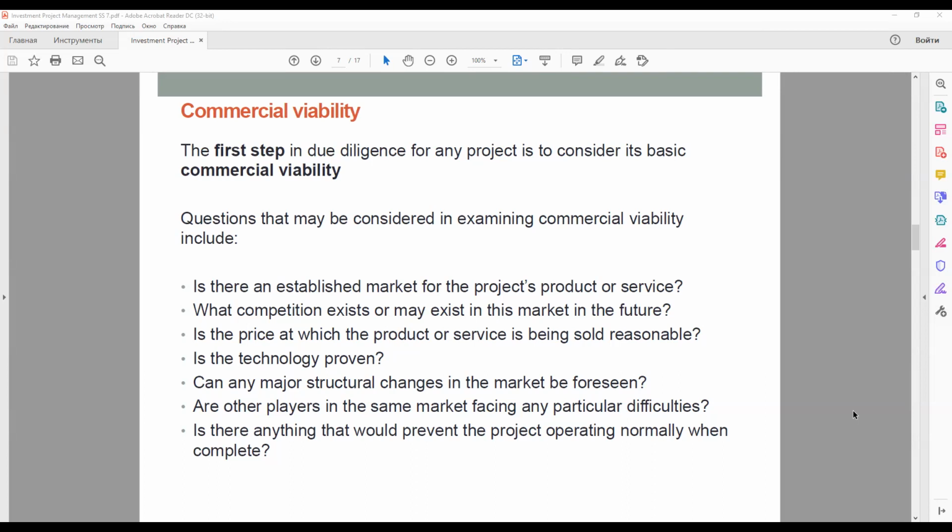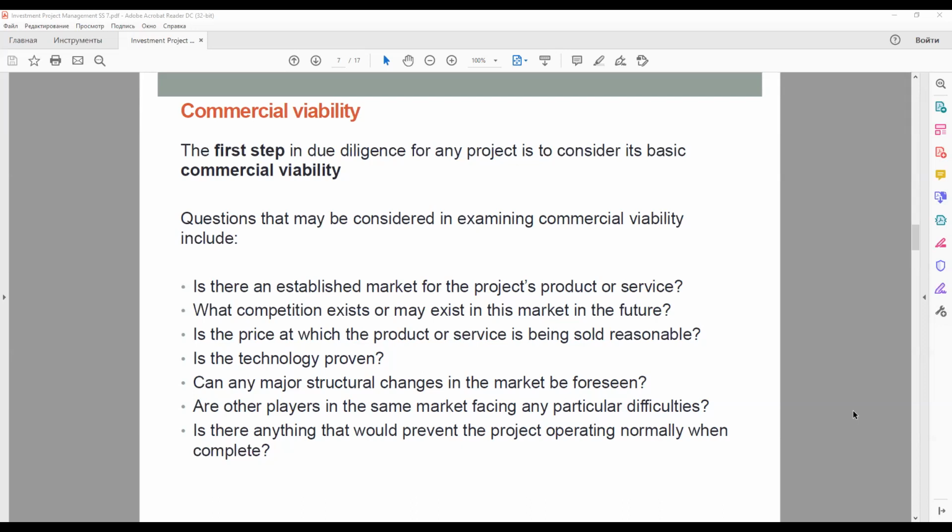Questions that may be considered in examining commercial viability include: Is there any established market for the project products or services? What competition exists or may exist in this market in the future? Is the price at which the product or service is being sold reasonable in relation to the existing market?